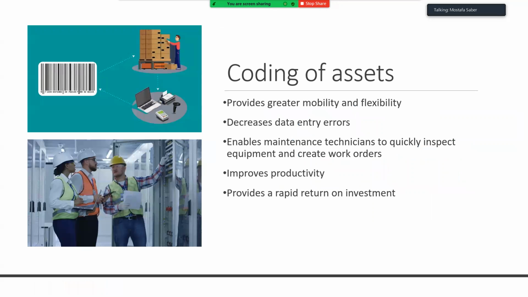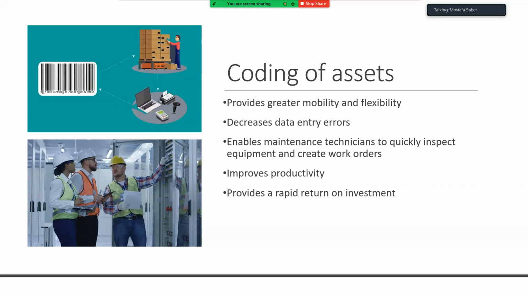The coding of assets is an important part, as we talked about. And of course, you know about coding like barcodes that is used for retail components and assets in a retail company. In the retail industry, coding is very important because it enables you to easily recognize things.